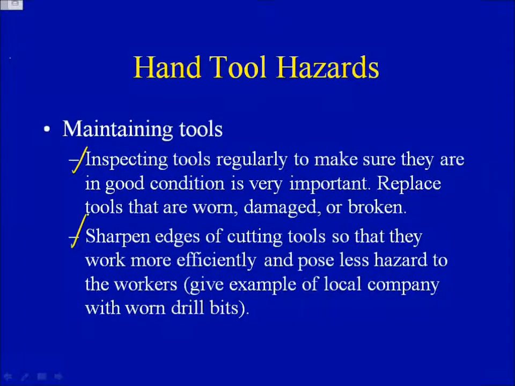Inspecting tools regularly to make sure that they're in good condition is important, and sharpening edges of tools and so on so they work efficiently is also important, because in many programs, as I mentioned to you, I'm doing some work with Bath Iron Works, and when I first went and did some inspections there, they had a tool crib, but they didn't have a maintenance department.